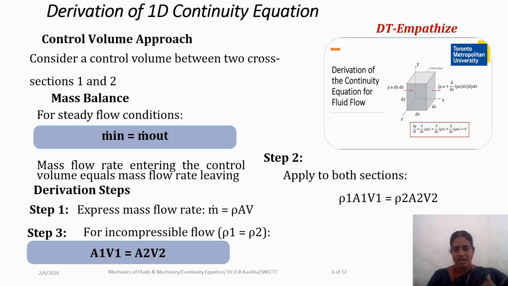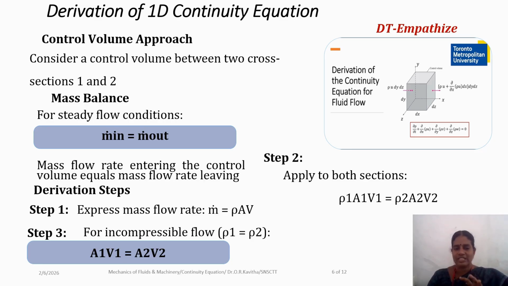Here, for finding this, we use the control volume approach. We are considering the volume of fluid at sections 1 and 2. For the steady flow condition, the mass of fluid at the inlet is equal to the mass of fluid at the outlet. Okay.